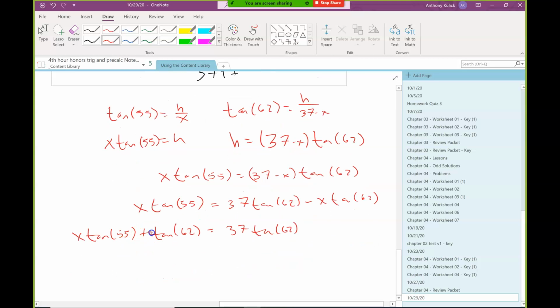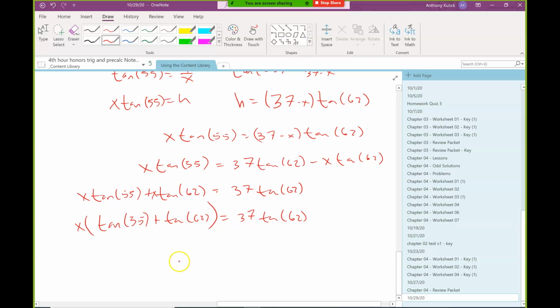And then both of these have an x in it, so I can factor that x out. And then we'll divide both sides by that quantity, and that'll be how we calculate x.